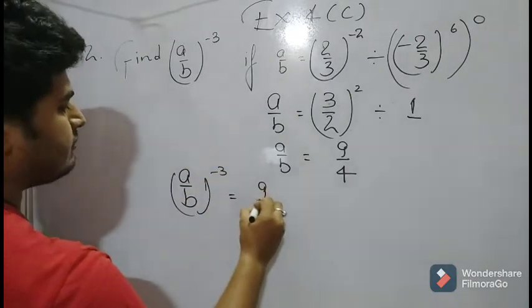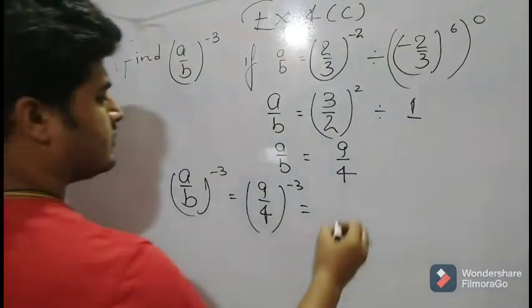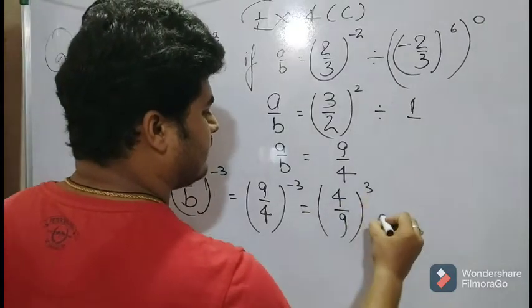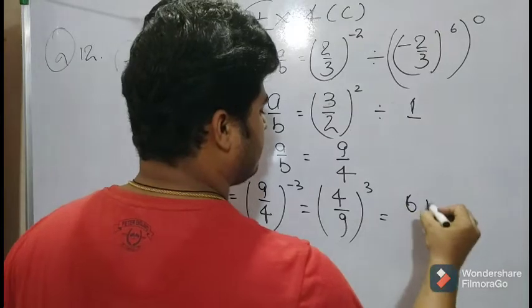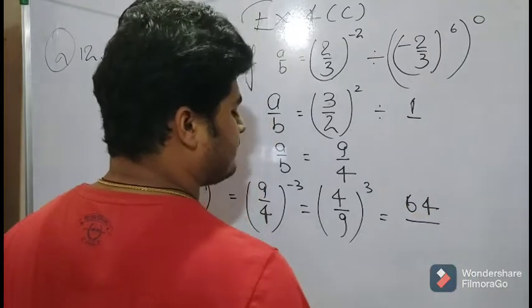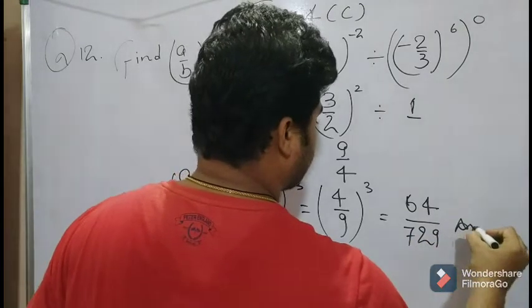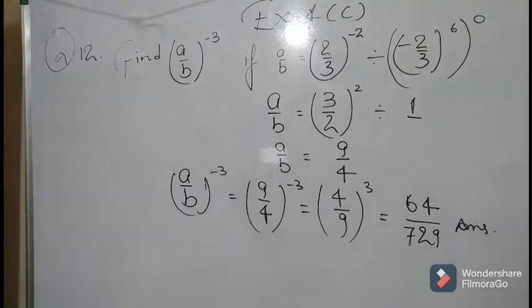So we will write 9 by 4 raised to the power minus 3. It can be written as 4 by 9 raised to the power 3. 4 to the power 3, 4 4s are 16, 4 16s are 64, and 9 to the power 3, 9 9s are 81, 9 81s are 729. So 64 upon 729. Option B is correct.